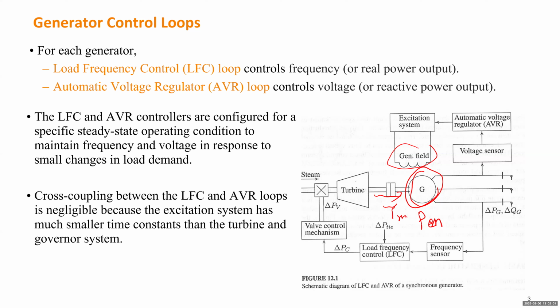The coupling between the two control loops is usually ignored because the excitation system controls the voltage and the field current or field voltage, and its time constant is much smaller than the time constant of the turbine or the inertia of the generator.